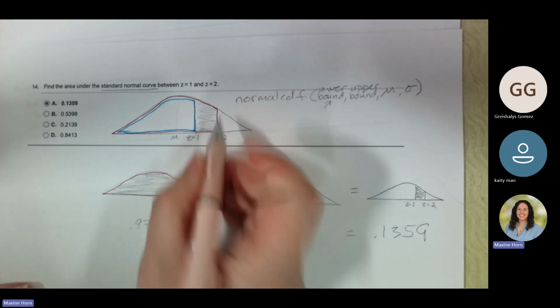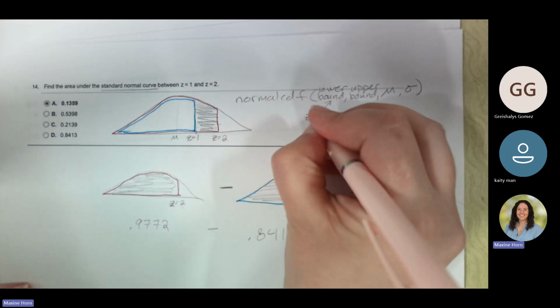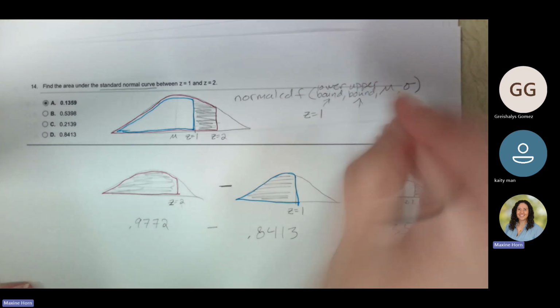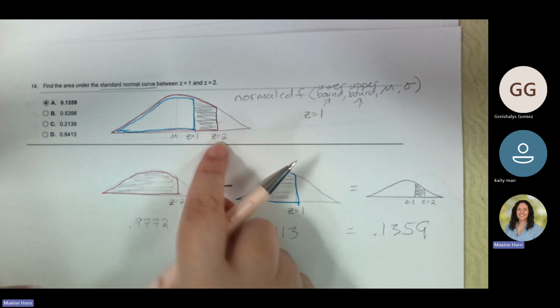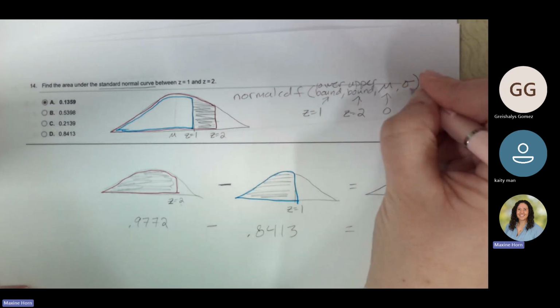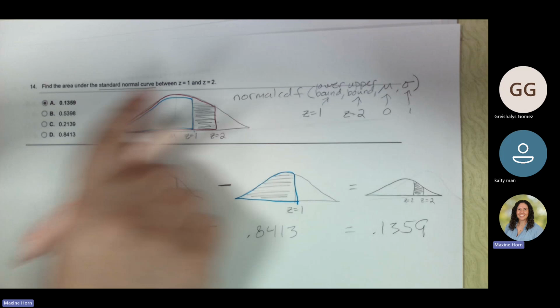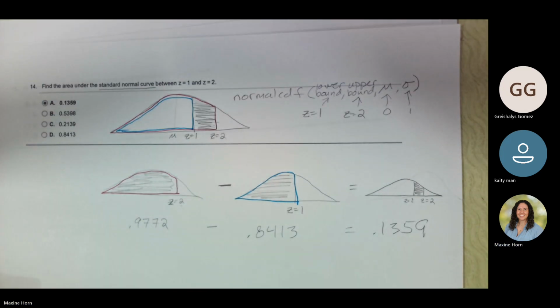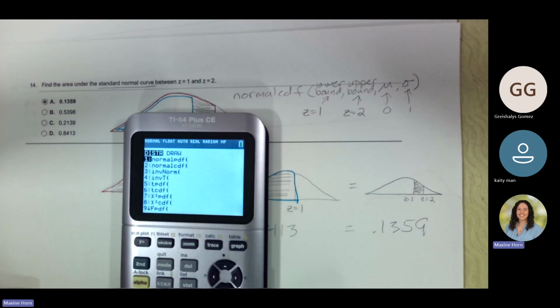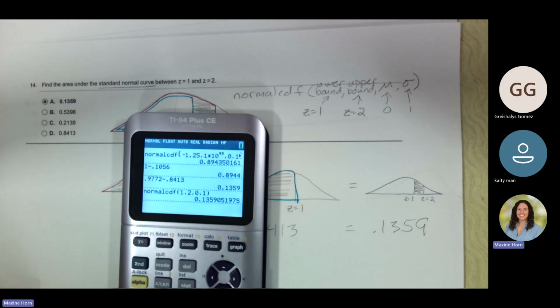The shaded area we're trying to get, the lower boundary of that is a z-score of 1. The upper bound of the shaded region is a z-score of 2. My mean is 0. My standard deviation is 1 because I'm doing z-scores, and this is a standard normal curve. Second vars, normal CDF, lower bound is 1, upper bound is 2, mean and standard deviation, and there you have it.